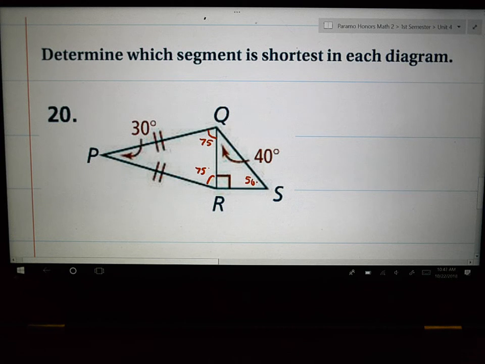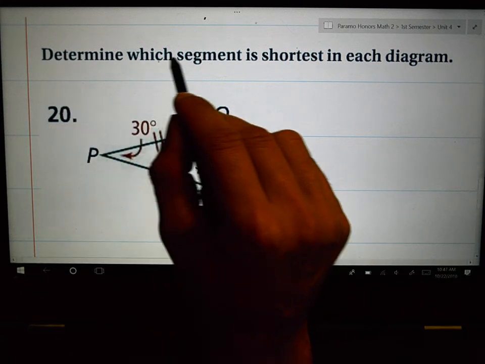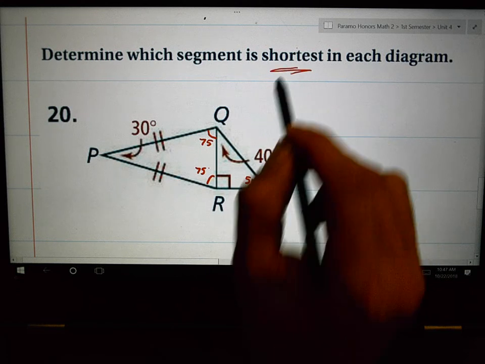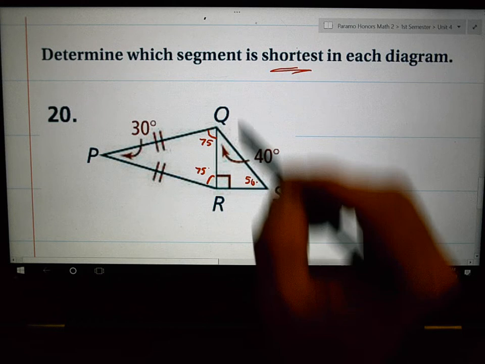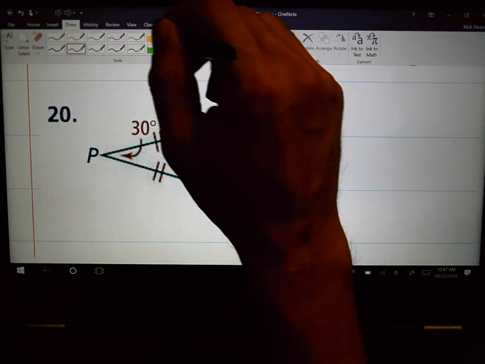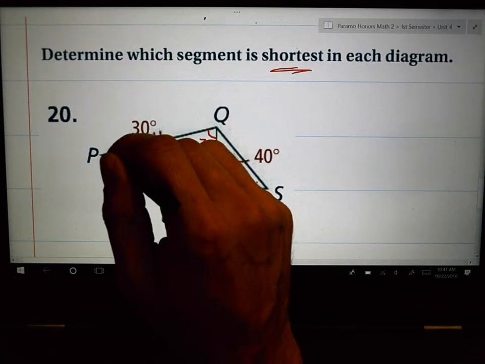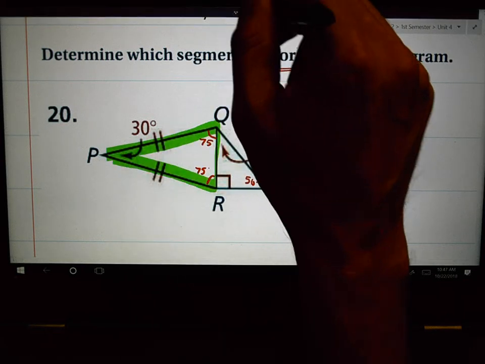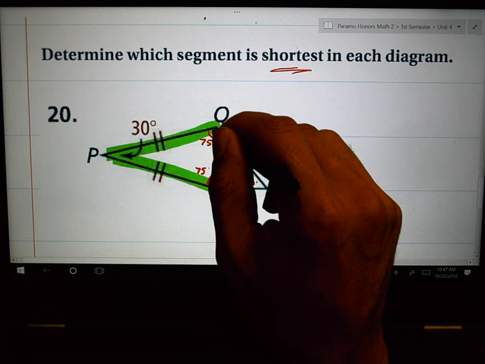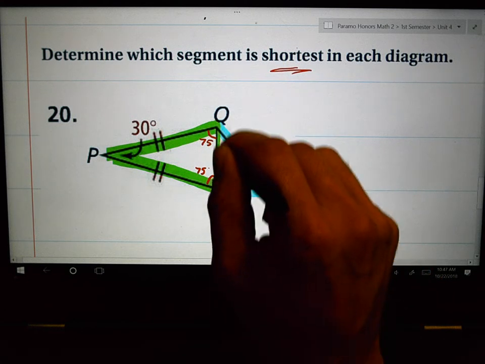And the question says, determine which segment is the shortest in each diagram. So what I'm going to do is think of this green triangle and this blue triangle.